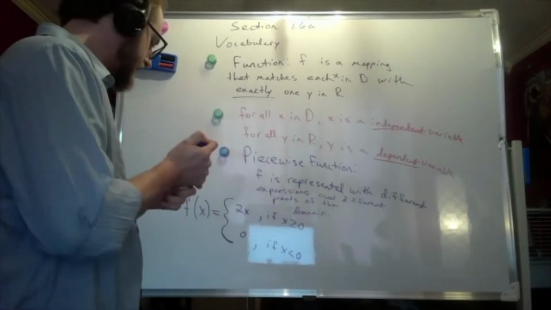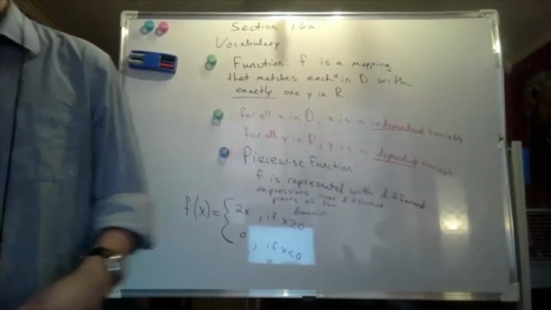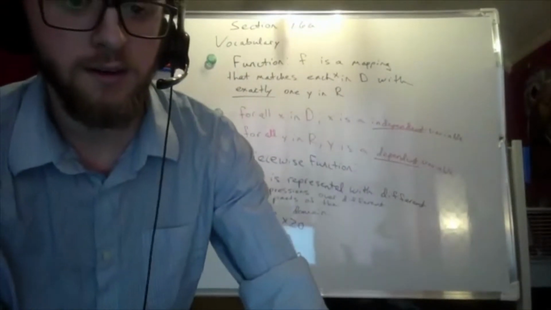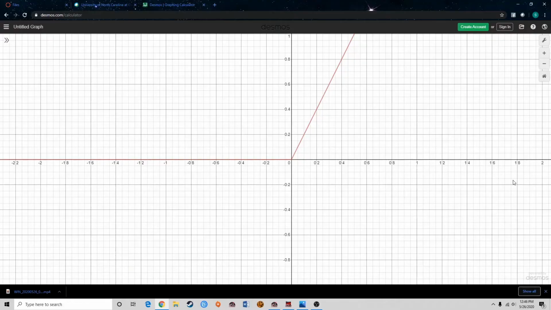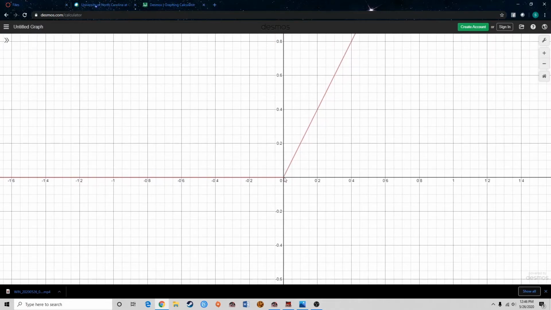But in order to see how this looks graphically, I've got Desmos over here on the side for us. I can just pull it up for a moment. So here we have the piecewise function. And as you can see here, when we have x equal to 0, then, well, 2 times 0 is 0. And so we have a point at 0, 0.